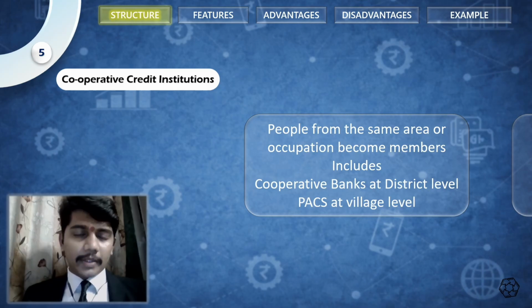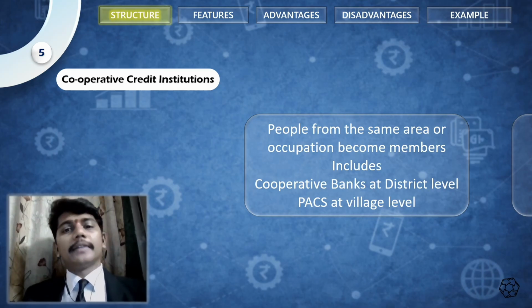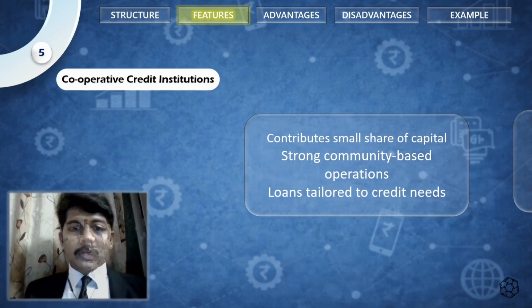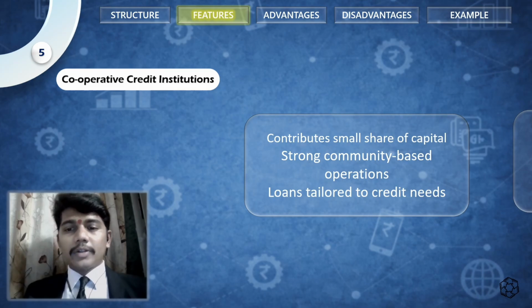The loans are given to the members, and these are often sector specific. So here we can say agricultural people, the low income group. It contributes a small share of capital. At a very low interest rate, the operators are very local, and it's a democratic control.